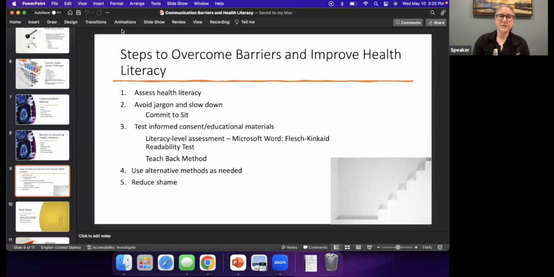One more thing too, as far as testing informed consent and educational materials, is to do so via the teach back method. If you're unsure if patients are understanding what you're saying, it's really easy to ask them, okay, I just went over aspiration pneumonia with you. Tell me what aspiration pneumonia is in your own words.